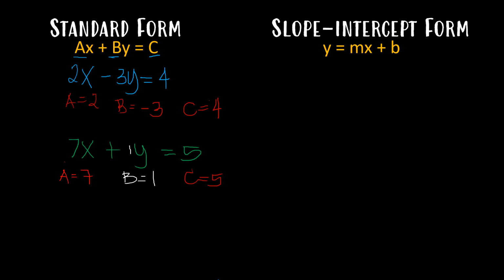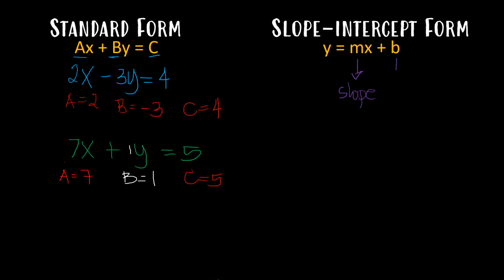Ano kaya ang slope-intercept form? Yung pangalan pa lang ng form na yan, okay, it already indicates anong meron sa ating equation. Meron tayong slope at meron tayong intercept, particularly y-intercept. So, y equals mx plus b. Itong m natin, this is the slope.